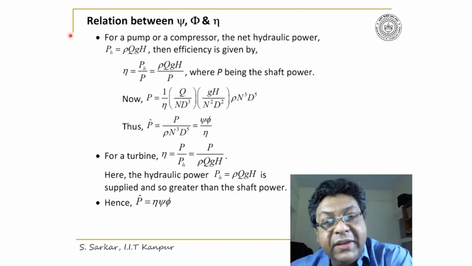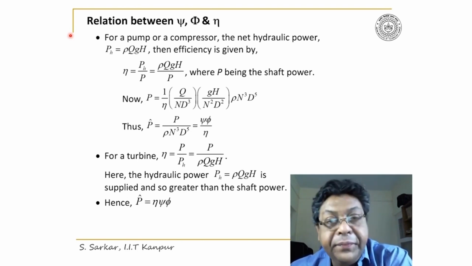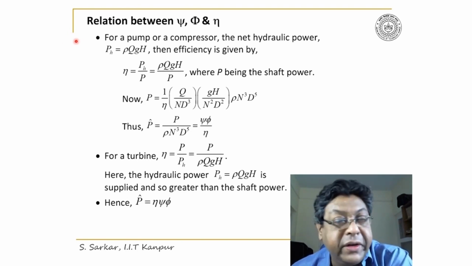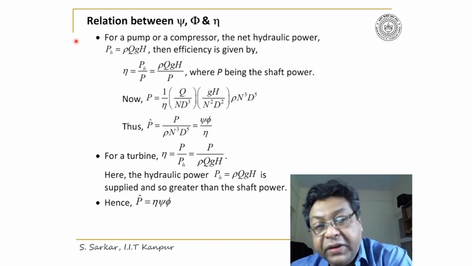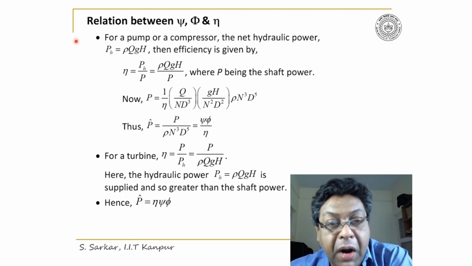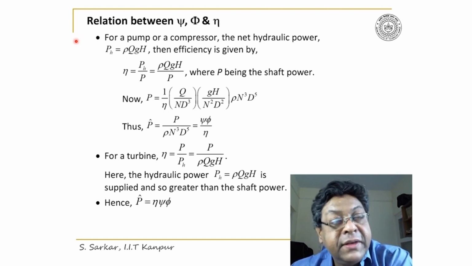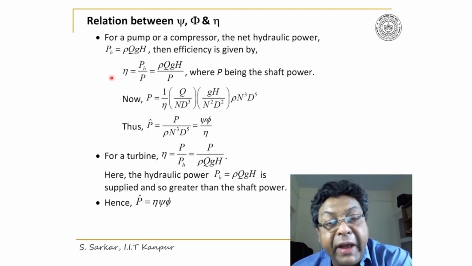Here I will establish the relation between xi, phi, and eta. Let us first consider a pump or a compressor. The net hydraulic power is given by P_H equal to rho Q g H. Then efficiency eta can be defined as P_H by P, where P is the shaft power.